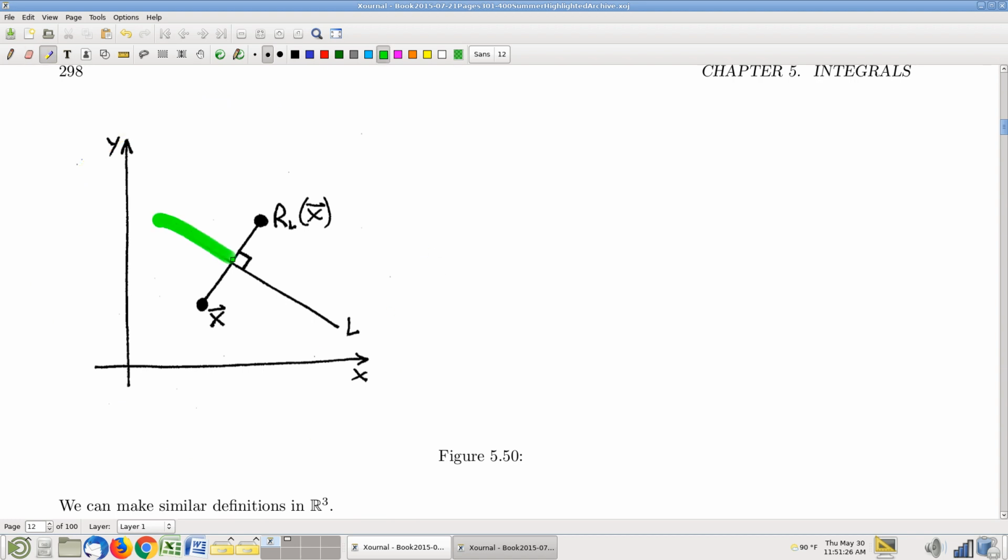If you have a line like that, a reflection over the line of this point is this point. So, in other words, if the line were a mirror and if x were a person looking in the mirror, then the reflection is where that person's reflection would appear to be in the mirror. Right? Very natural terminology.